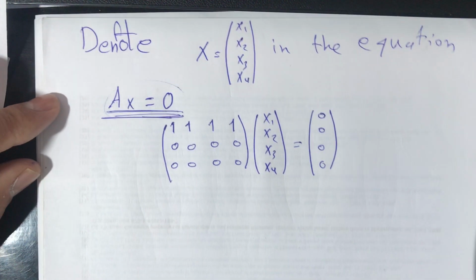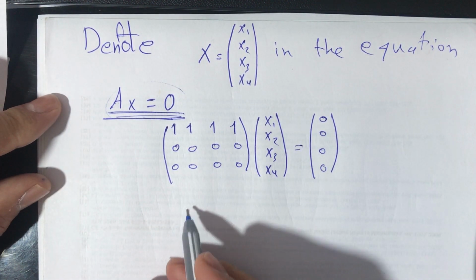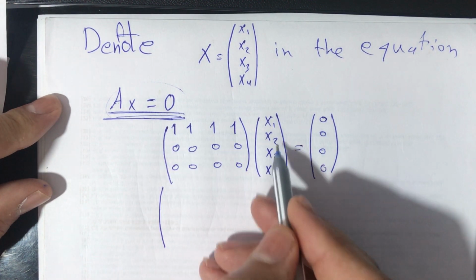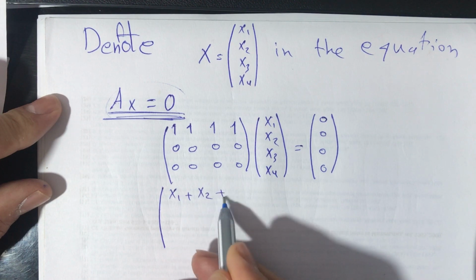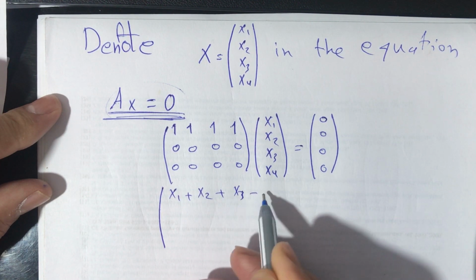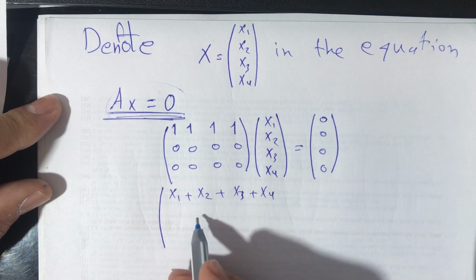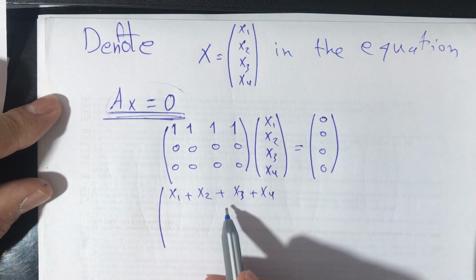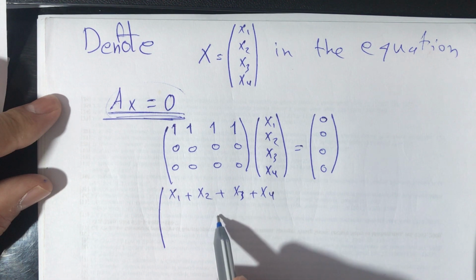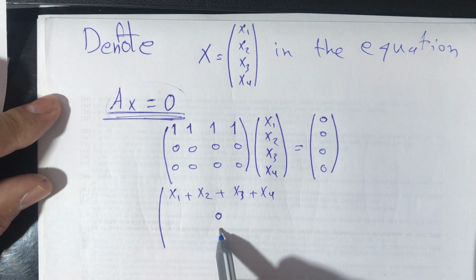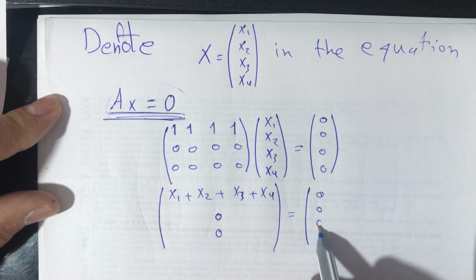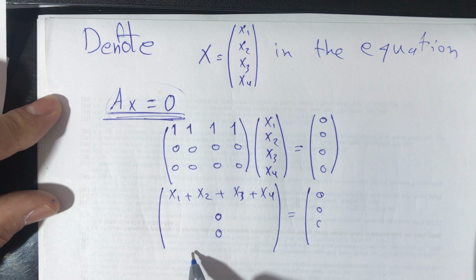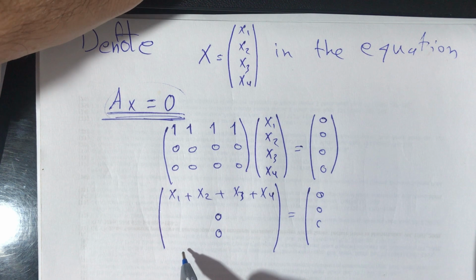Now we multiply this. This will be x1 plus x2 plus x3 plus x4, and this time this will be 0, and also this will be 0.